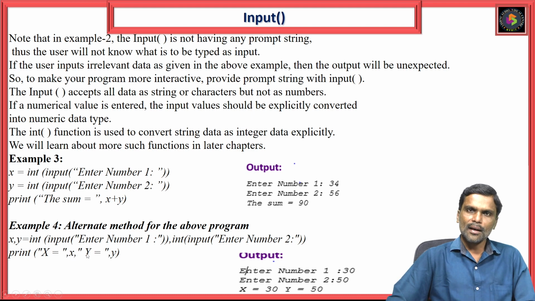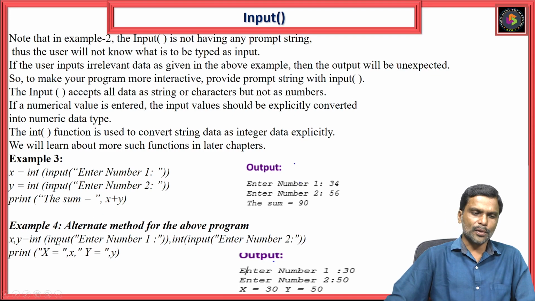Similarly, the capital Y is a string that stores the value of y. Similarly, we got x is equal to 3, y is equal to 5, and x is equal to 30, y is equal to 50 in this case.